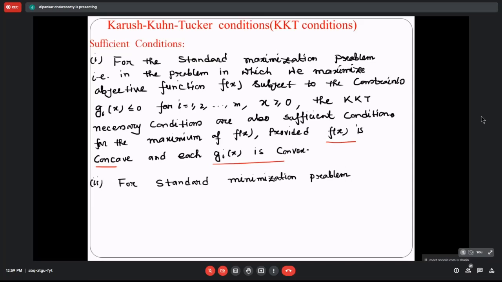For the standard minimization problem, what is going to happen? We are going to minimize the objective function and the constraints are greater than or equal to type.